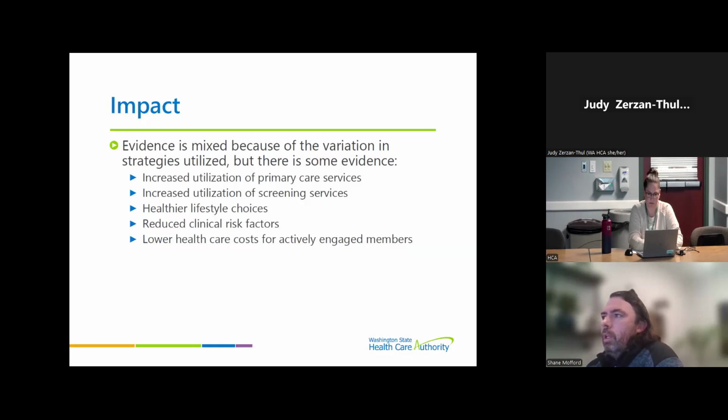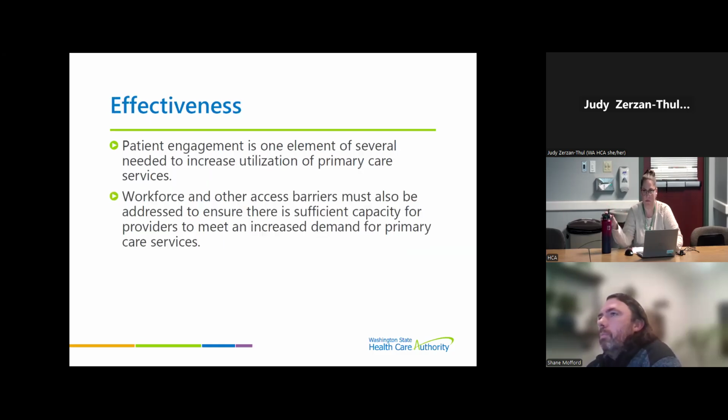But I think it's still key to note that there is some evidence that these types of incentives that we talked about, be it incentives that are offered at the insurance carrier level or by employers, do produce increases in utilization of primary care services, increases in utilization of screening services. Some studies are showing that that is producing healthier lifestyle choices, reduced clinical risk factors, and ultimately lower healthcare costs for actively engaged members. And the next slide, please.